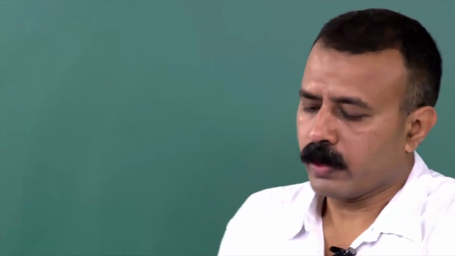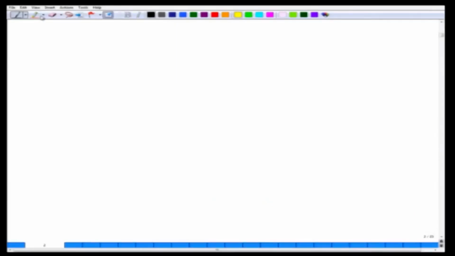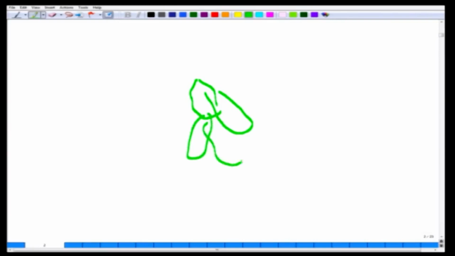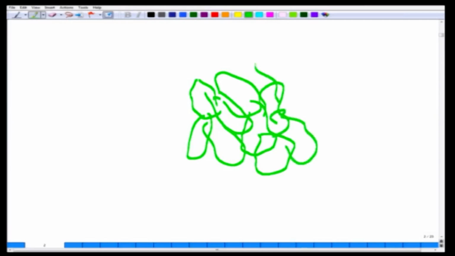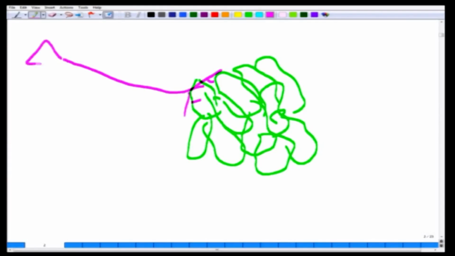For example, if these are the beating cardiac myocytes, and we know these cardiac myocytes are innervated by the sympathetic and parasympathetic neurons, we can really study this.